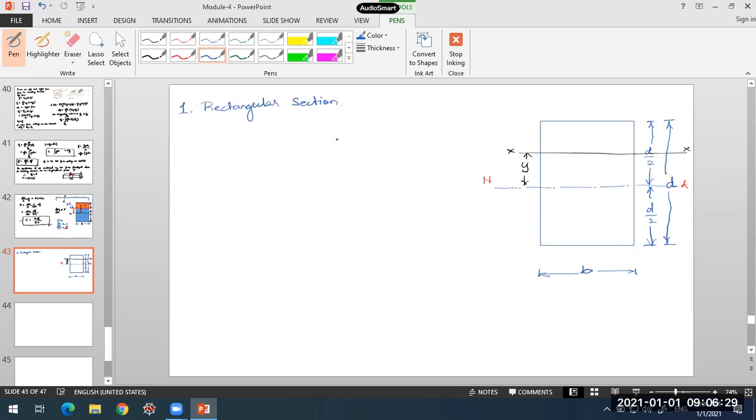Now this cross section may be a simply supported beam, or it may be a part of a cantilever beam, any kind of beam.